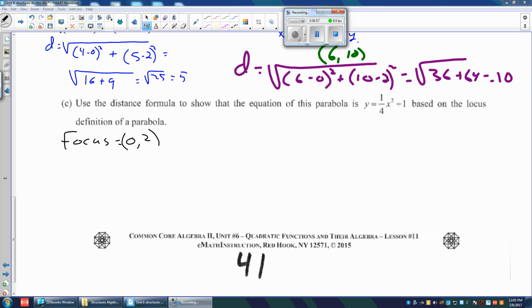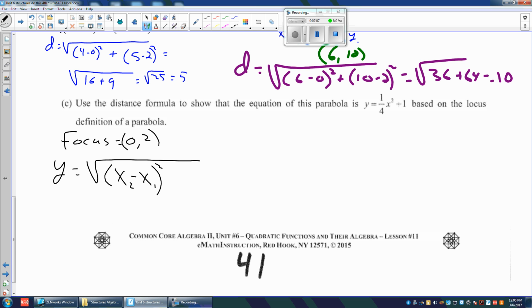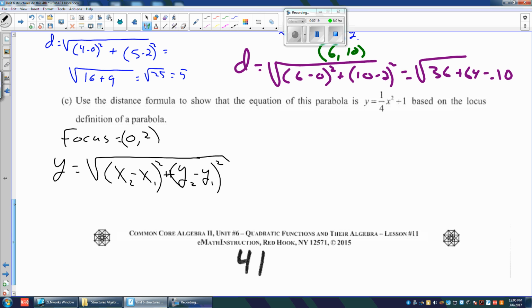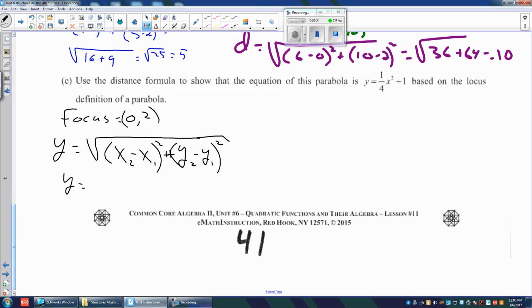I have the distance formula, and I can plug in the numbers. Just keep on doing the algebra.